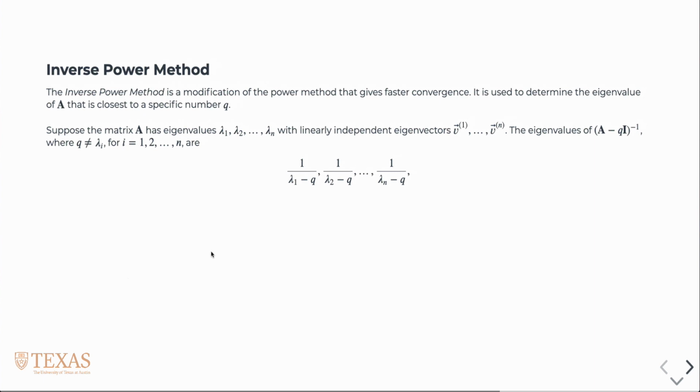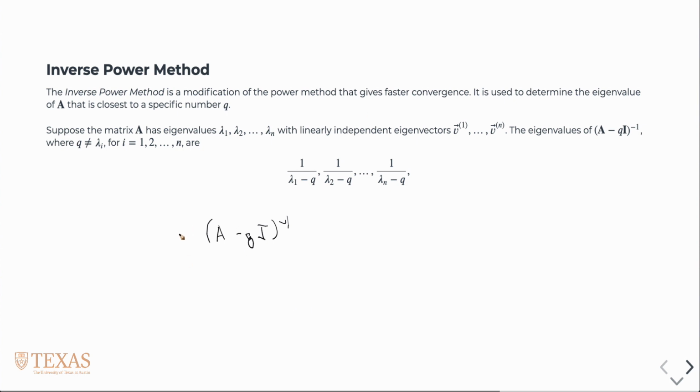So we can improve the convergence rate of the power method by just modifying it. This is called the inverse power method. So basically what we're going to do is apply the power method to the matrix, rather, (A minus qI) inverse.